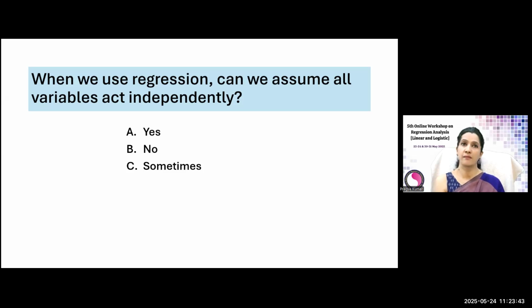So variables never act independently actually. It will always be so, because it is from one person only. If you are taking gender, it will be of one person. If you are taking age, it will be my age, if I am the person. If you are taking complications, it will be from the person. So all the variables are from the same person, so they cannot act independently.